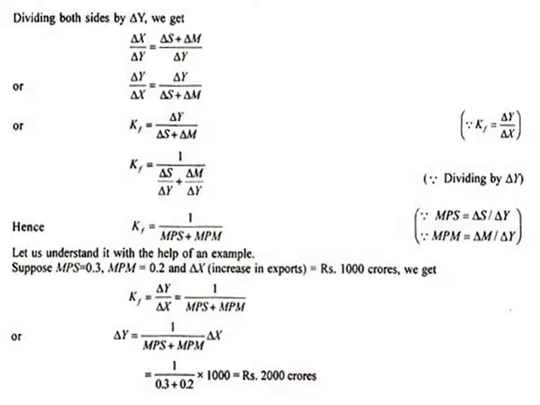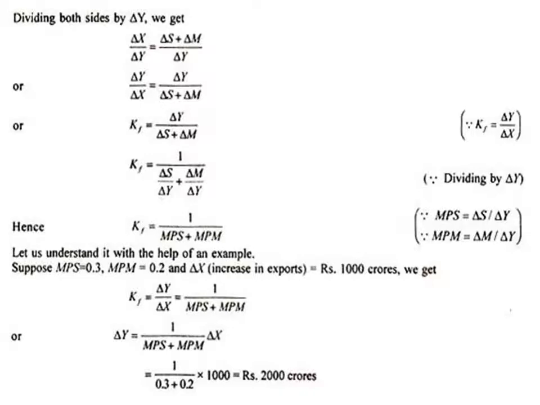Let us understand it with the help of an example. Suppose marginal propensity to save equals 0.3, marginal propensity to import equals 0.2, and here we assume an increase in export equal to 1000 crores. We get KF equals delta Y by delta X equals 1 by MPS plus MPM.